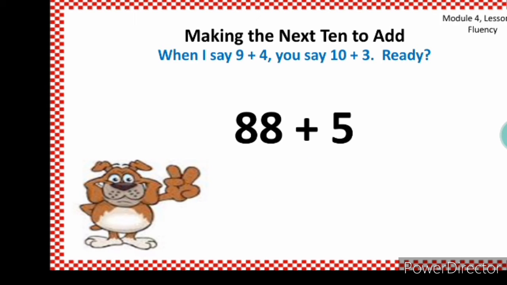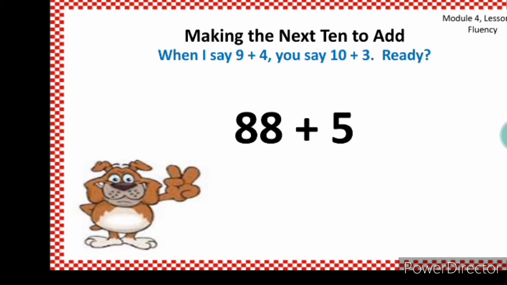Now, 88 plus 5. What would that give us? Here we are going to make 88 into the nearest 10. And the nearest 10 is what? 90. So 88 needs 2 to make 90. And that 2, we are getting it from 5.